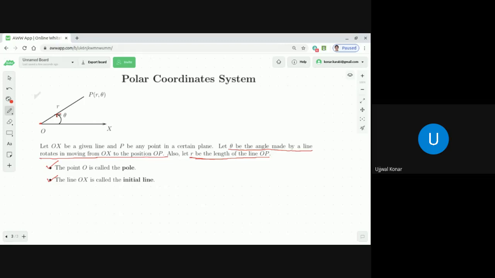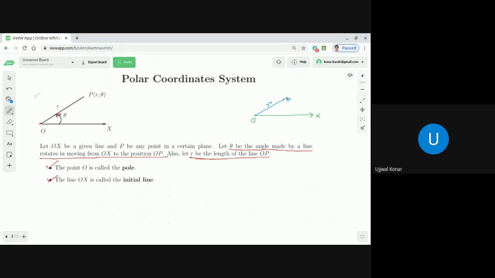Let me explain by means of a different color diagram. Suppose this is the initial line OX and this is the fixed point O. Now we are representing a point P, which is at a distance r. If we say only r is sufficient, then it is not possible.